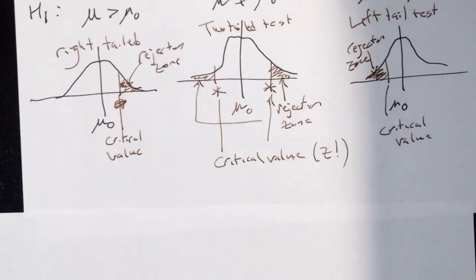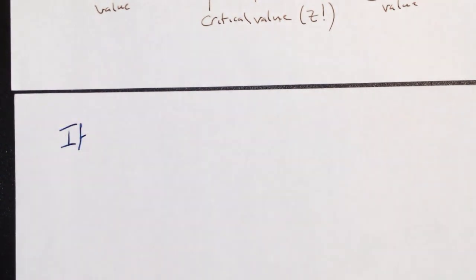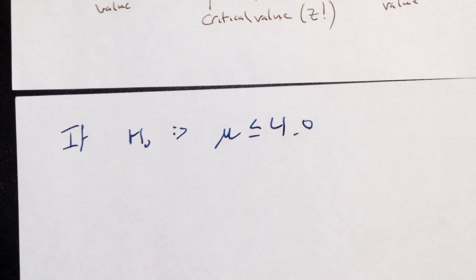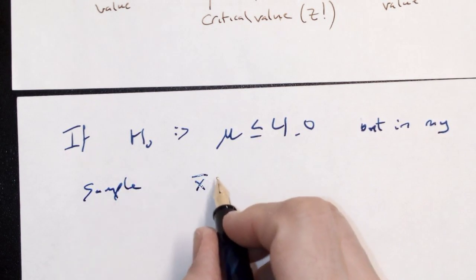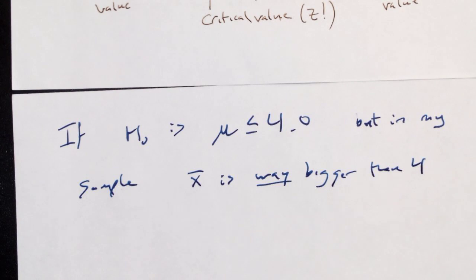If my null hypothesis is that my average was less than or equal to 4, and then I take my sample and I get something that's very, very much larger than 4, then not only will I reject my null hypothesis, I would reject any null hypothesis that gave me a benchmark smaller than 4.